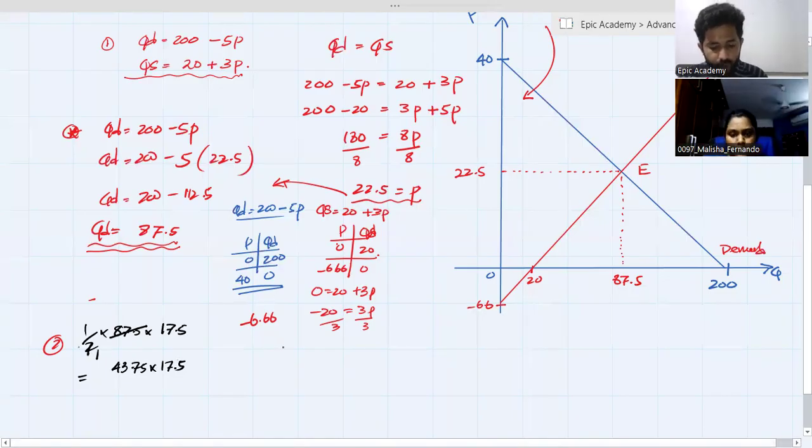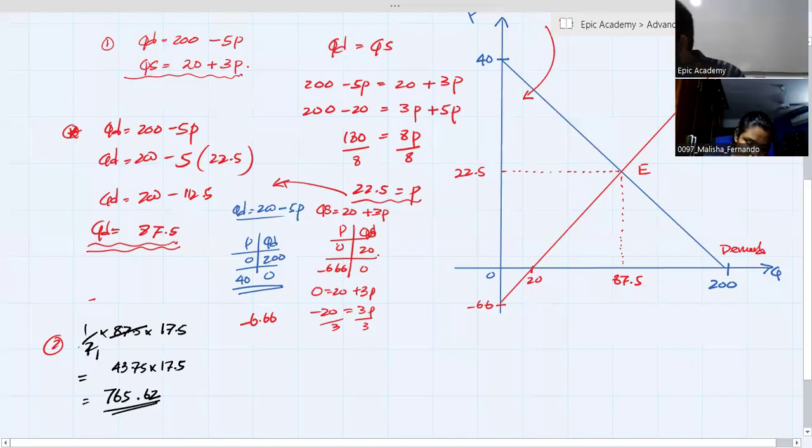So it will become 765.62. Are you okay with that one? Yes. Okay, right. This is the consumer surplus.